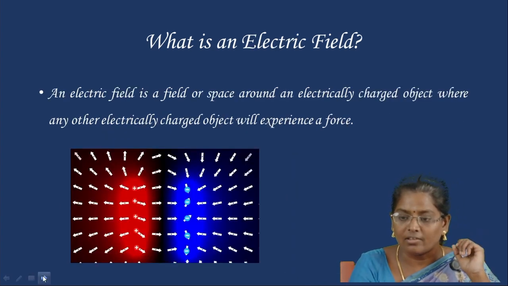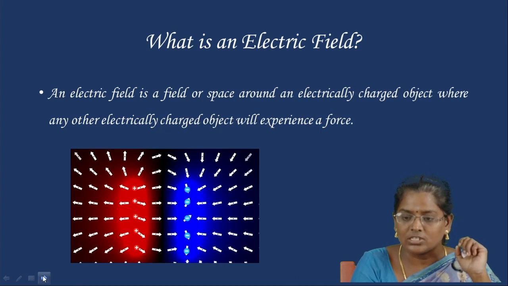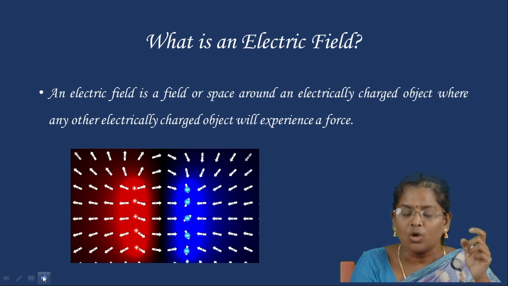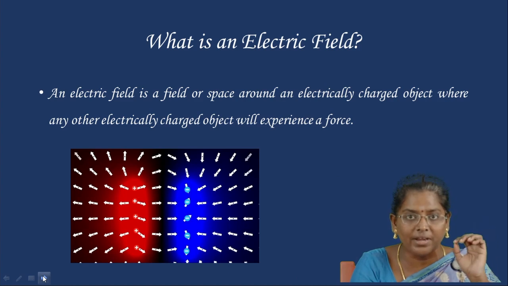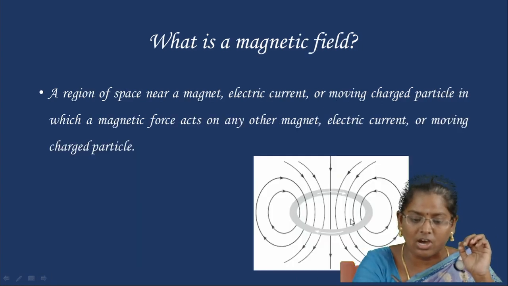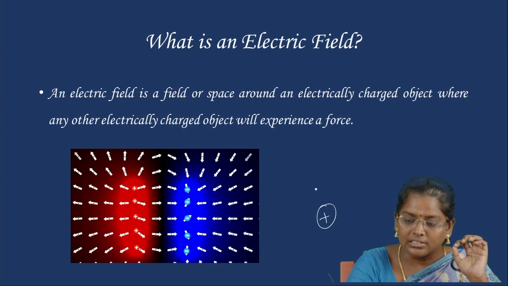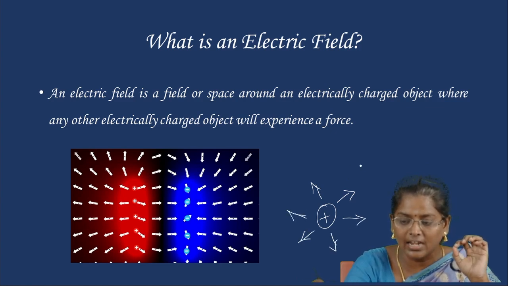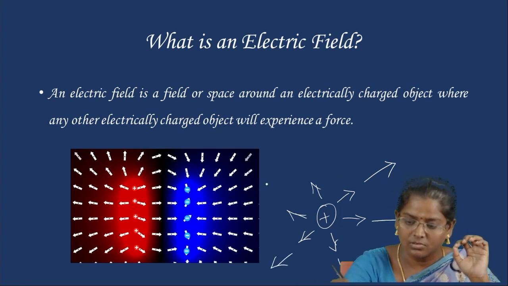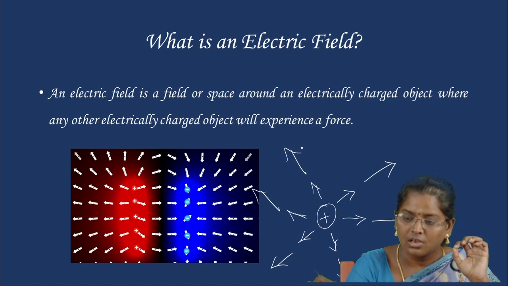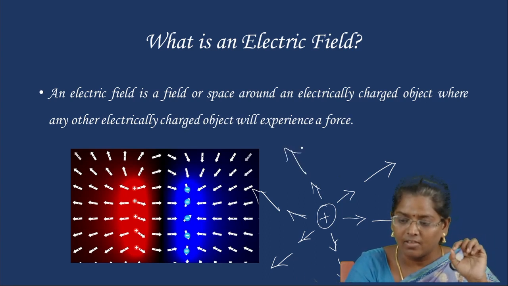So what is an electric field? An electric field is a field or space around an electrically charged object where any other electrically charged object will experience a force. Now take a positively charged particle in a space. Around this positively charged particle, there will be a field which is represented by a field diagram. We have already said that an electric field is a vector field.